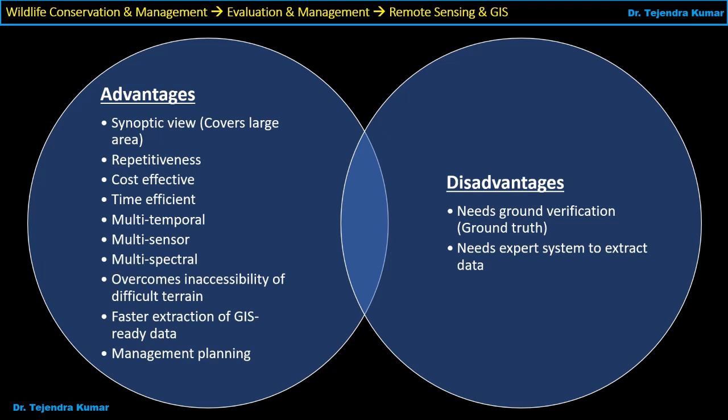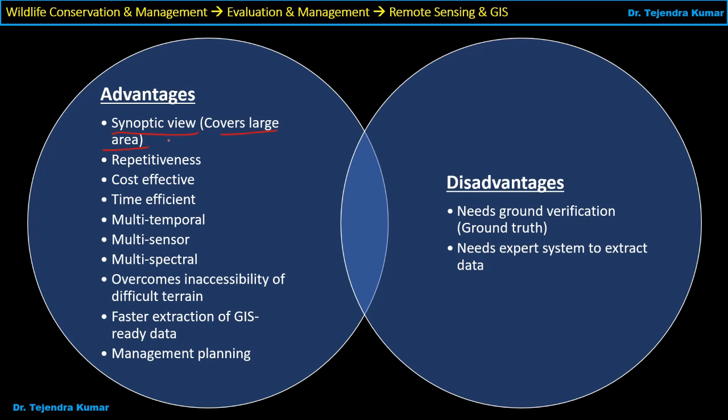Now see the advantages and disadvantages of this remote sensing and GIS technique. If you see, we will find the synoptic view, which means it covers a large area. As I told you, resolutions like 1 by 5 lakh or 1 by 10,000 are there, so it obviously covers a large area.